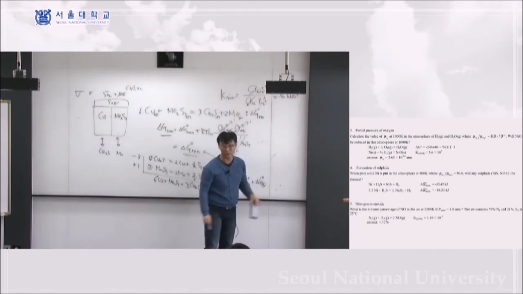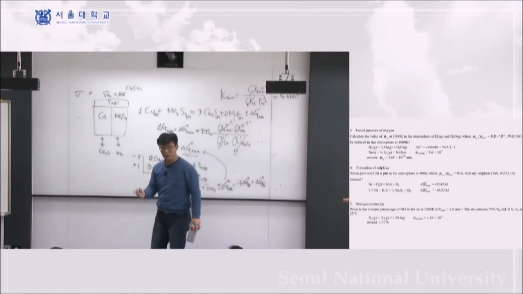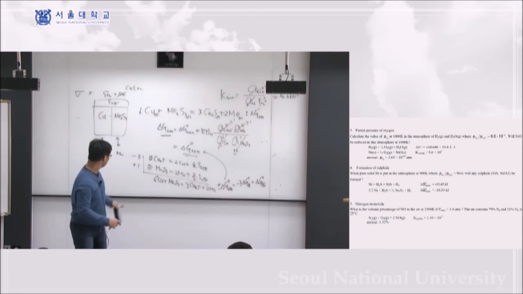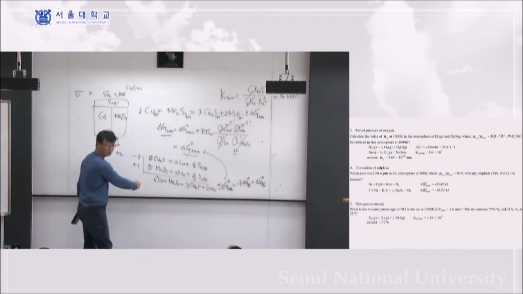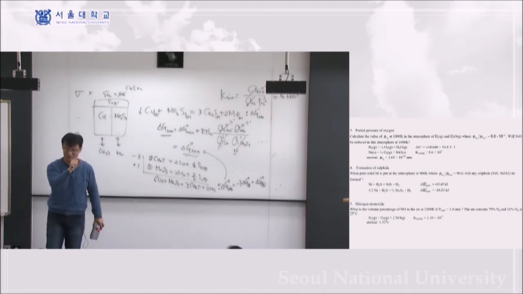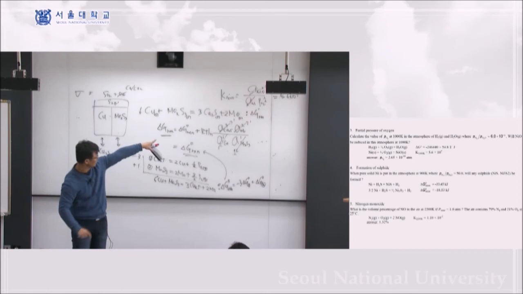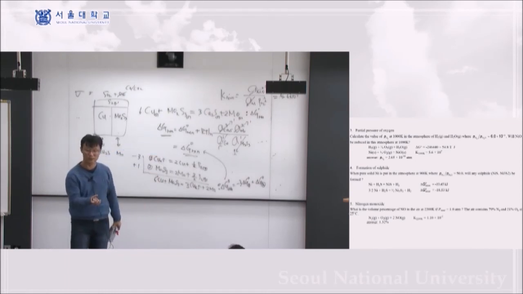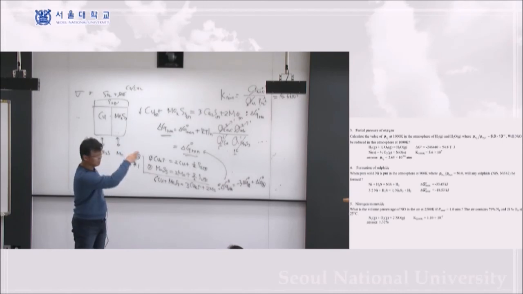Then I can calculate the partial pressure of oxygen that makes nickel and nickel oxide be in equilibrium. That's the virtual partial pressure of the nickel oxide at equilibrium that I showed, so that's the value you can get here, PO2. This is the virtual oxygen partial pressure which makes this chemical reaction be in equilibrium.